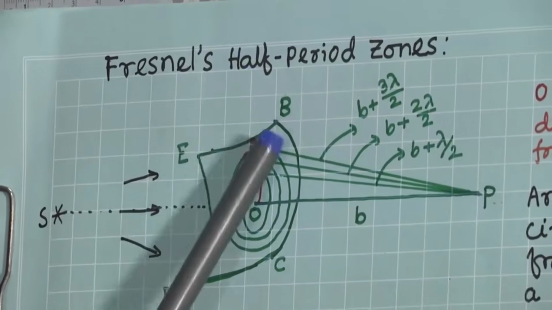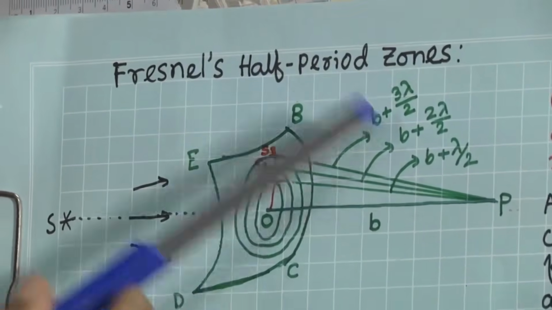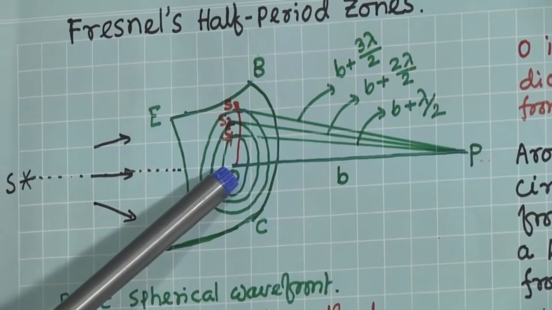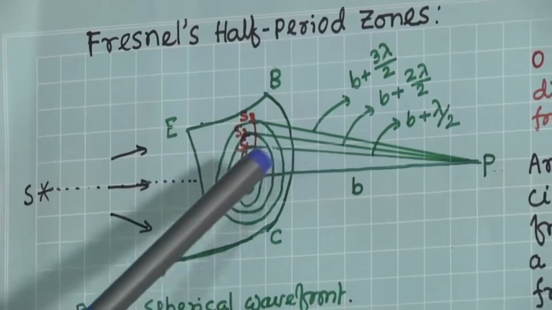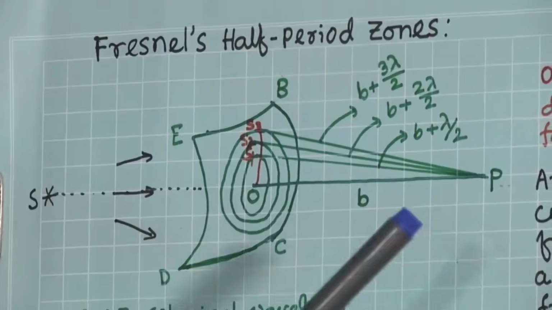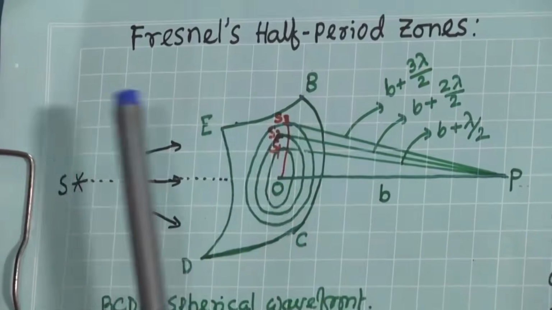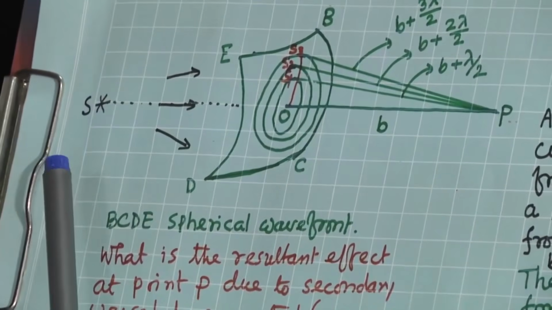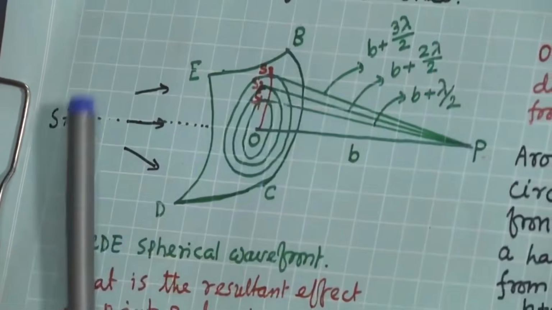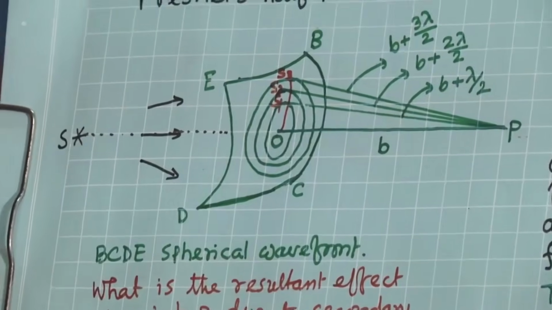These concentric circles are constructed in such a way that the path difference between light coming from consecutive circles reaching at point P is lambda by 2, or the phase difference is pi. So, that is the Fresnel's half period zone. That's what I explained to you, what is S, what is B, what is lambda.